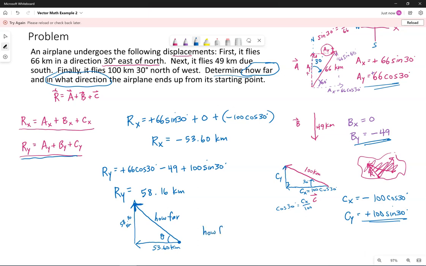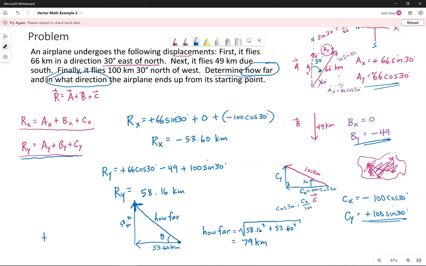So how far? The length of the vector is this Pythagorean theorem. So 58.16 squared plus 53.60 squared. So 79 kilometers.